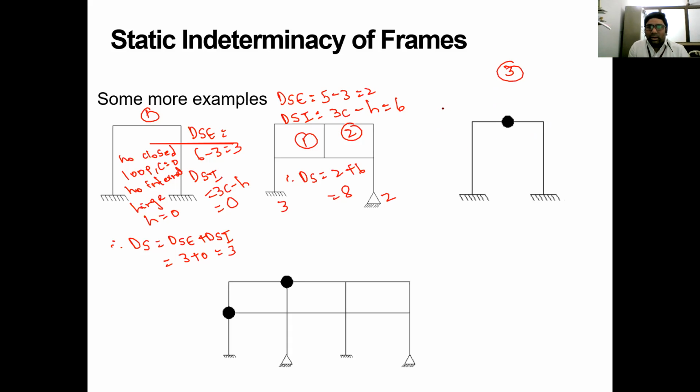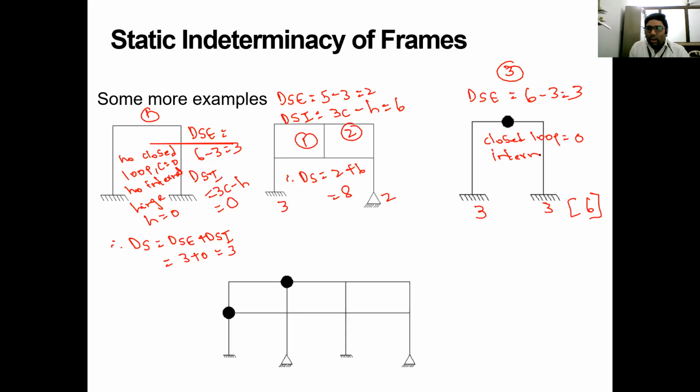Third example. DSE is equal to, very good. People are so fast. This is 3, this is 3. Total 6. 6 minus 3 is equal to 3. So here, is there any closed loop? No, 0.